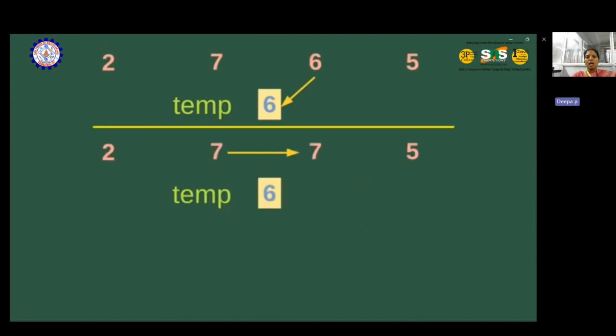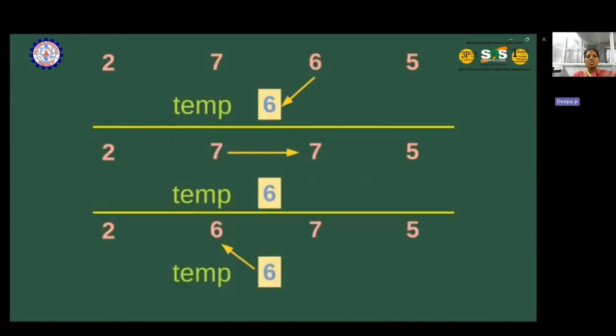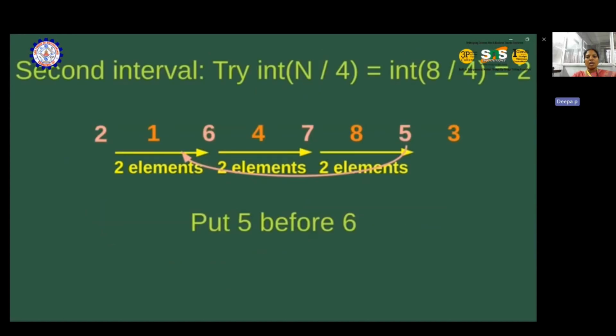All the elements in the array lying in the current interval are compared with the 6, 7, and 6. These are all compared together in the temporary variables. Put 5 before 6. The same process goes on for the remaining elements.